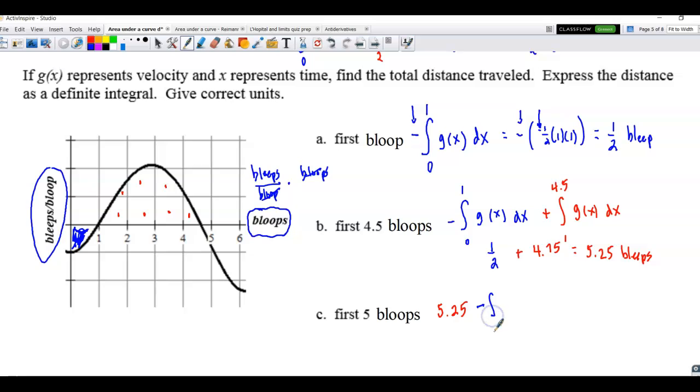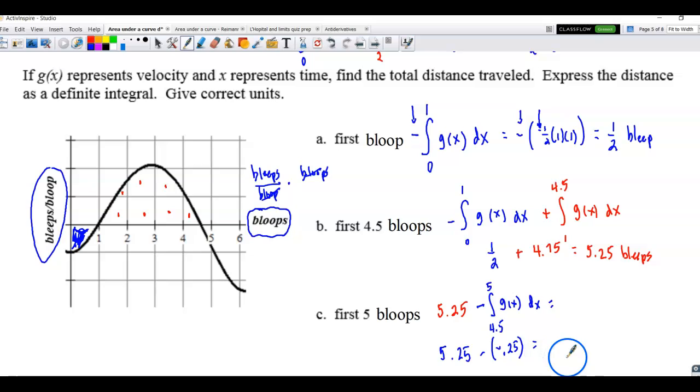So we're going to negate the area accumulated, starting at 4.5, stopping at 5, under g of x dx, which gives me 5.25 minus, and I'm going to say that that little region of area is about 0.25, so minus negative 0.25.